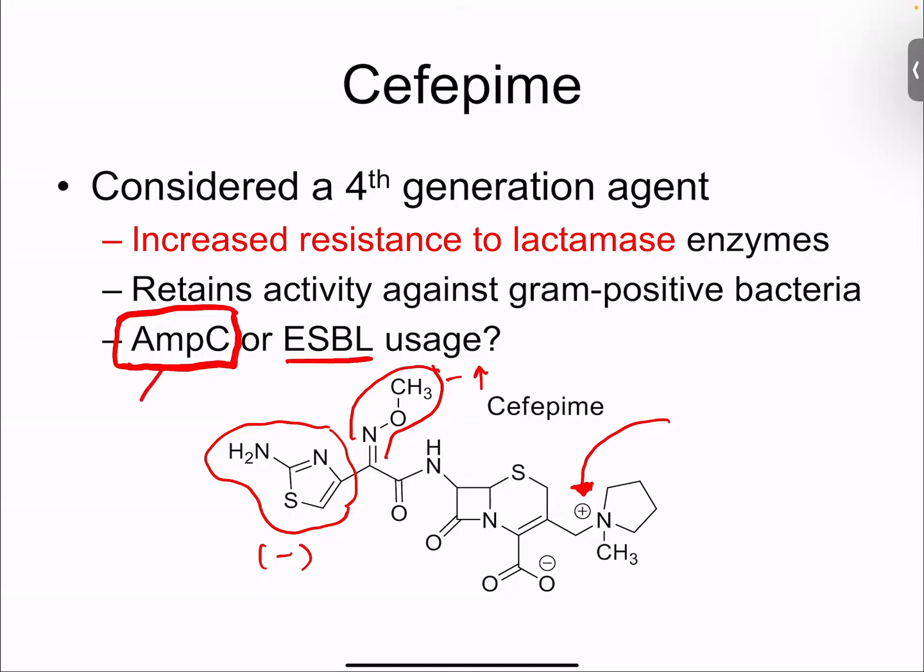AmpC can be constitutively expressed. So if you have chromosomal localization of an AmpC gene that's constantly turned on and that organism is a constitutive expressor, that's bad. Right? That's bad for a lot of antibiotics. AmpC could be induced as well.